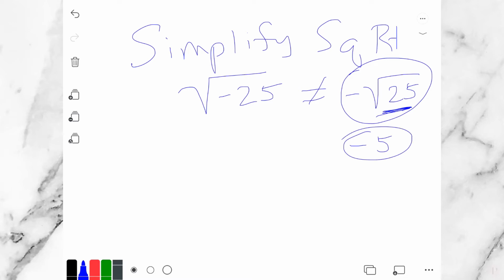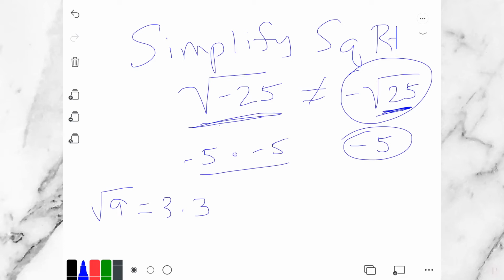However, on the square root of negative 25, you might think, well, that's just negative 5. However, if you go back to the concept, remember I said square root of 9 was 3 times 3, right? Well, you might want to say, negative 5 times negative 5. But negative 5 times negative 5 is not negative 25. It would be a positive 25.